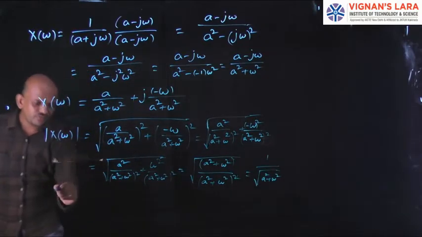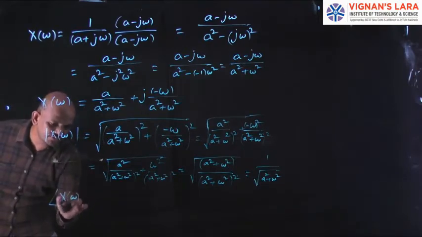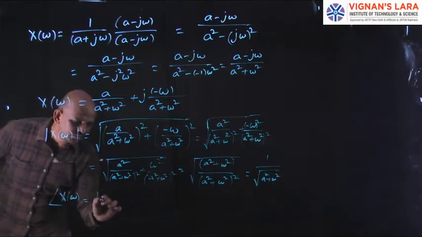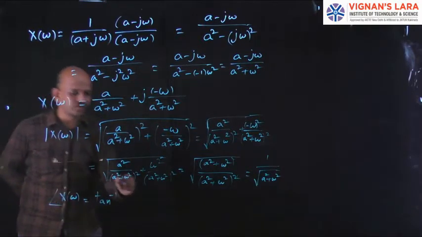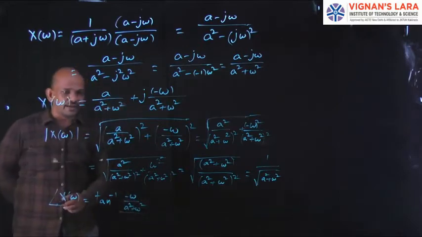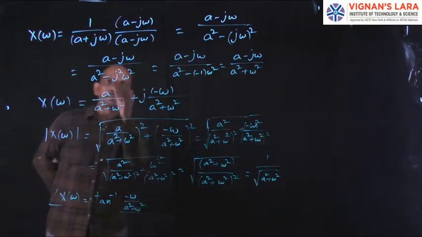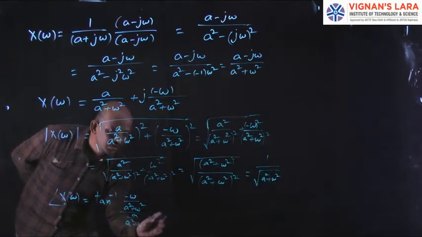In the same way, what will be the phase of X of omega? Phase of X of omega equals tan inverse of imaginary part, minus omega by a square plus omega square, divided by real part. Real part is a by a square plus omega square.